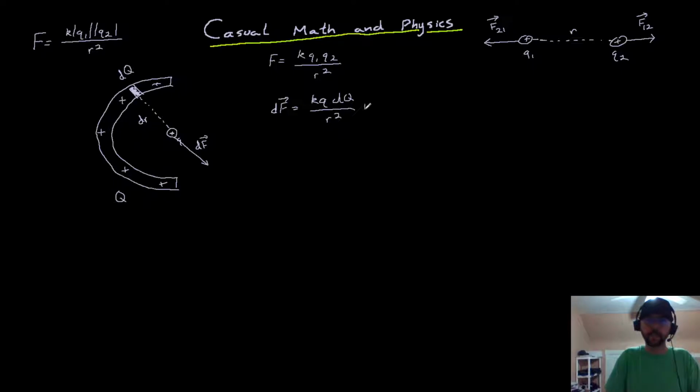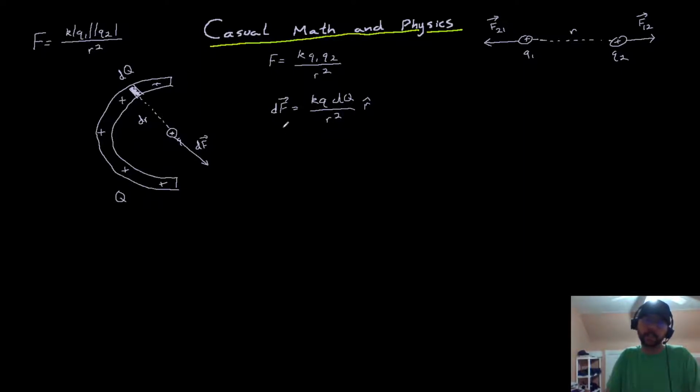Because here we don't want just the magnitude. When we sum them all, we're not going to be able to just sum the magnitudes because they don't all point in the same direction, as I showed earlier. They point in different directions, so we're going to need to take the direction into account when we combine them. So this is what we have here. And now we have a formula, although this one's not really that useful yet, for the infinitesimal piece of force.